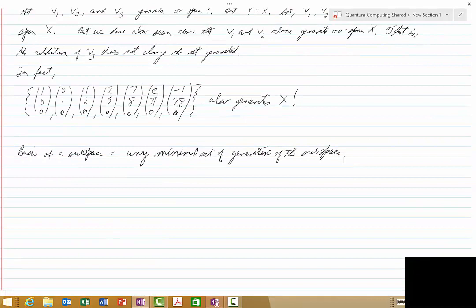So, for instance, 1 0 0 and 0 1 0 is a basis for R2.